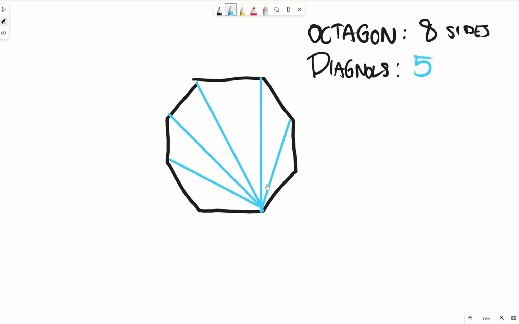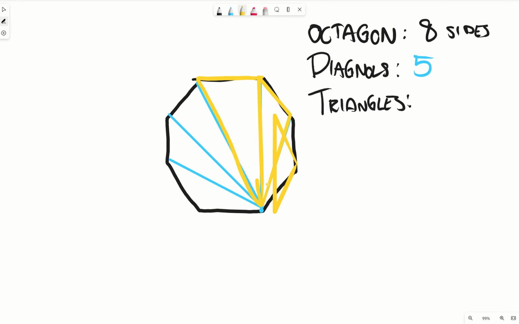With 5 diagonals, how many triangles have I made? Well, I've made 1, 2, 3, 4, 5, 6 triangles. I've made 6 triangles.